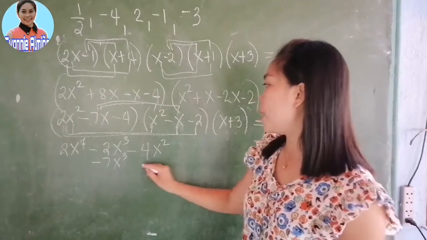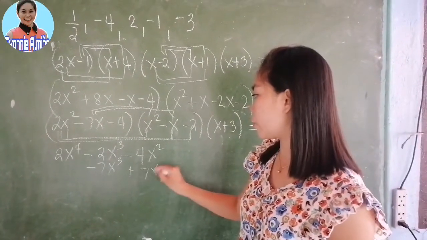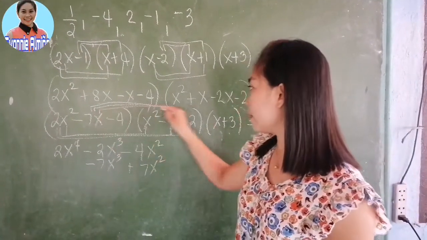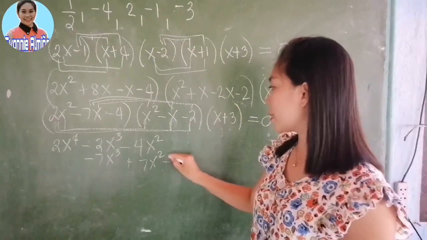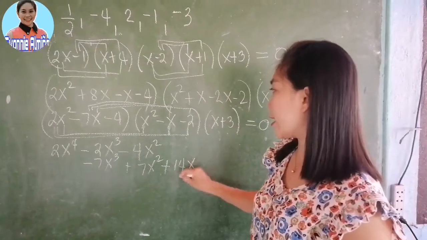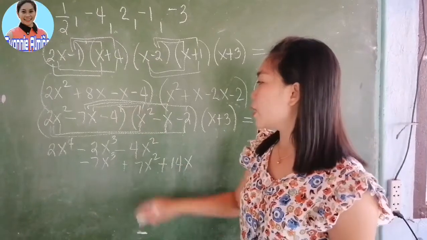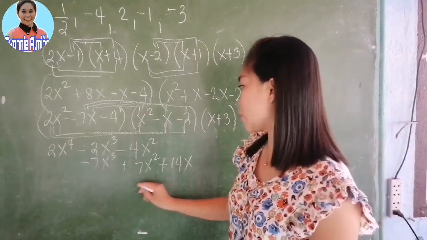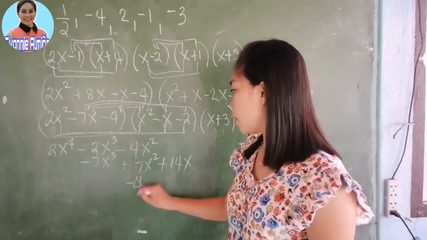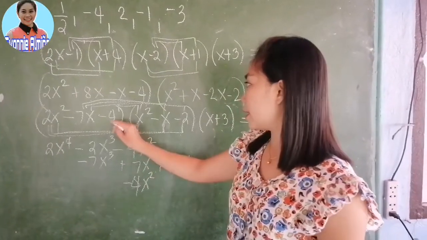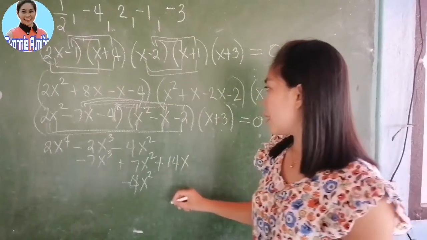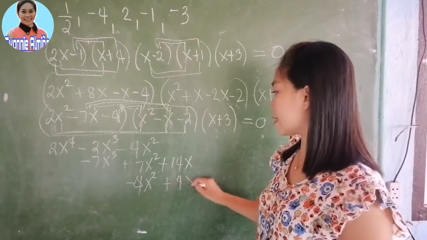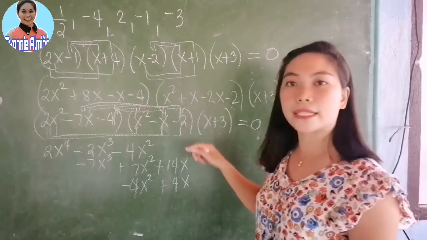Then, we have positive 7x squared, then positive 14x. Then, last term, negative 4 multiplied by x squared, you have negative 4x squared. Then, you have positive 4x, then positive 8.